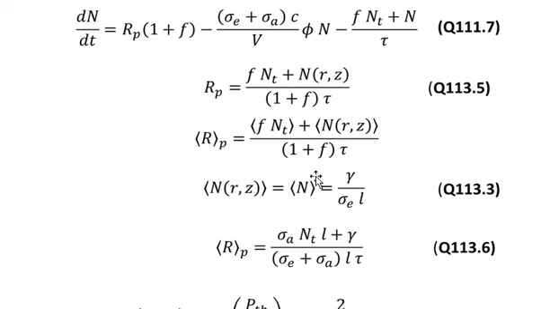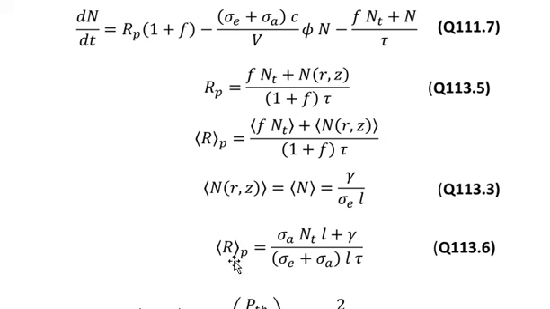So you can see that the average of n, which we have already calculated using equation number 3, is given by gamma over sigma e into L. So we can substitute this value of the average of n over here, and then the average value of this one is calculated.